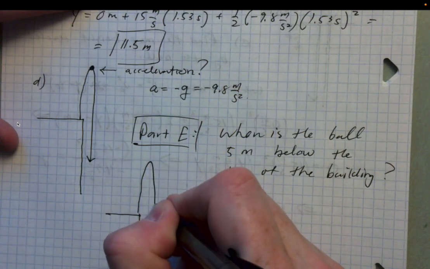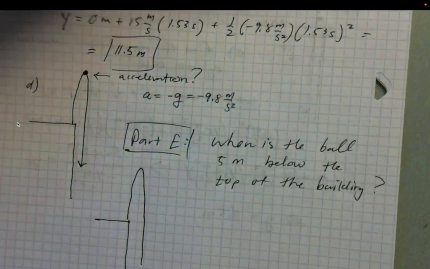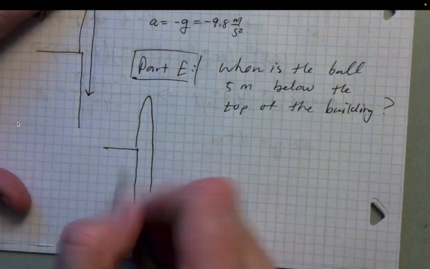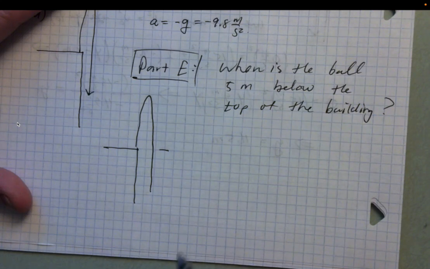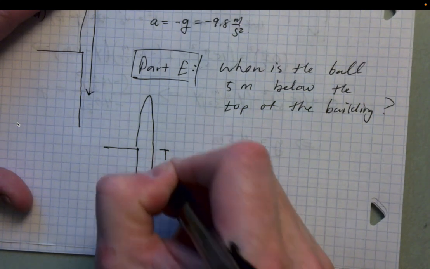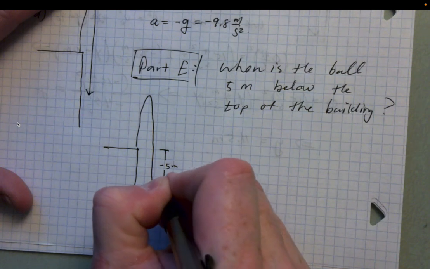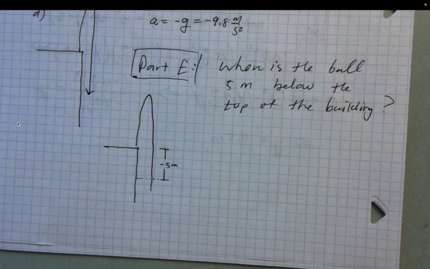It starts to come back down. We've said that it'll accelerate indefinitely until it hits the floor. But at some point, presuming this is a tall building, it's going to reach a position of -5 meters in our coordinatization here. And so that would be the point where the ball is 5 meters below the top of the building. The question is, when does that happen, given the setup?